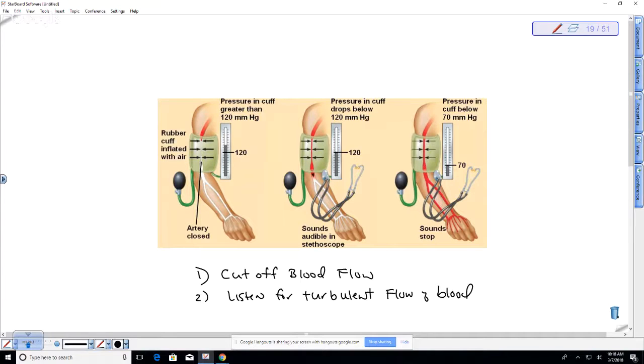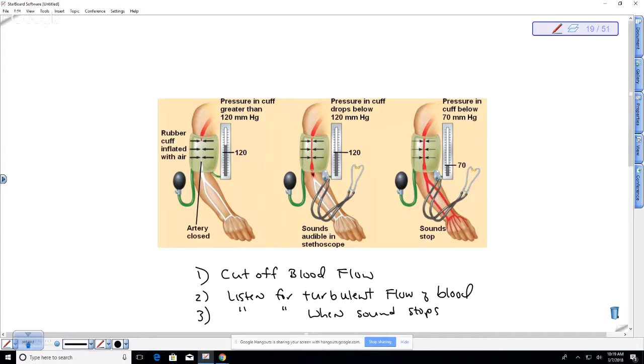And then the third thing that you do is you listen for when the sounds stop. So listen for when sound stops. And that means that even when the ventricles are relaxed, the blood is flowing through and not making a sound. So it's actually got what they call a laminar or an even flow of blood through it.